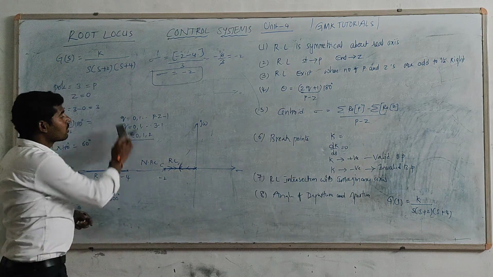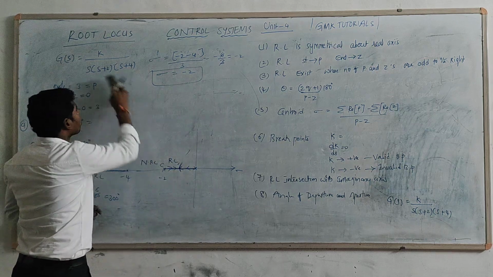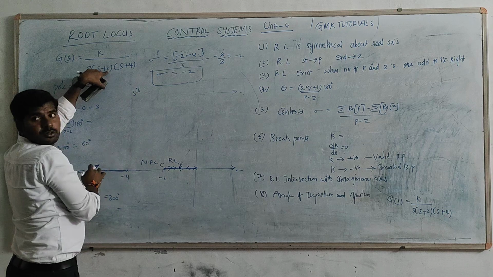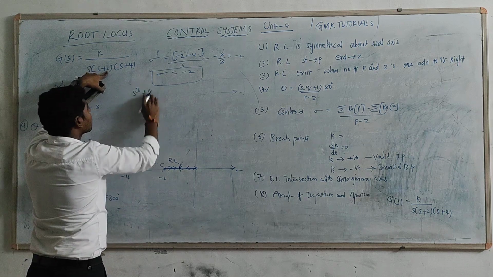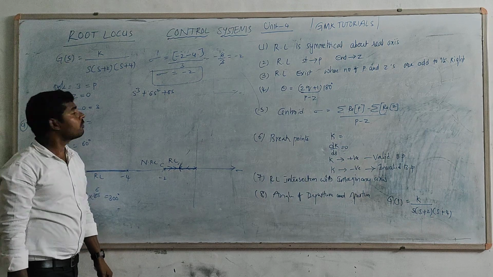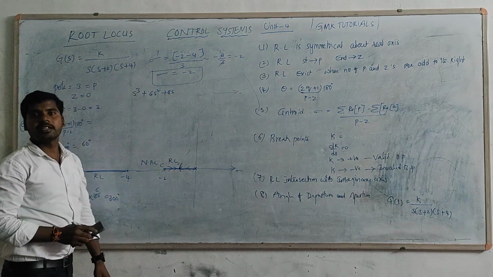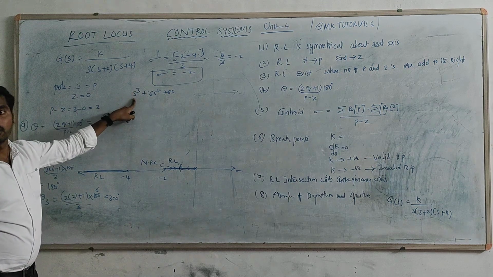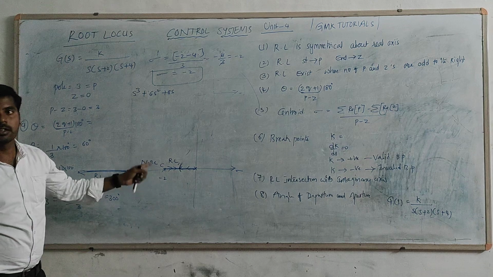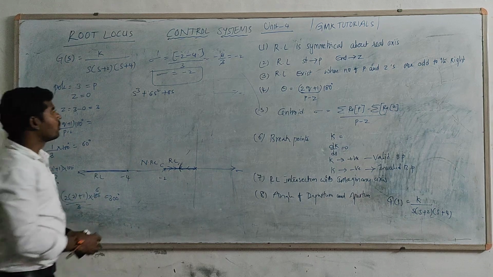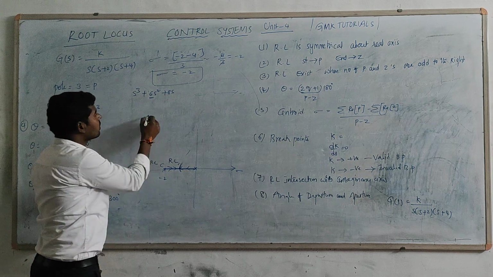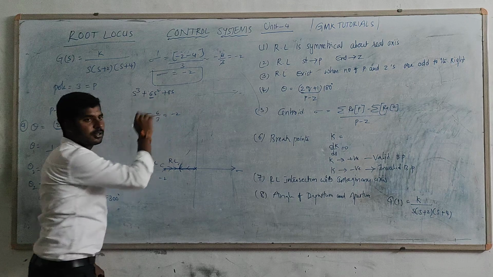Suppose you want to write the characteristic expansion, what is the generalized form? s cube, plus 4 plus 2, 6 s square, next one the product of 2 into 4, 8 s. Now the trick is that the previous highest power's coefficient, the one preceding the first power, is divided by p minus z. So that is nothing but minus 6 divided by p minus z, which gives the result directly.